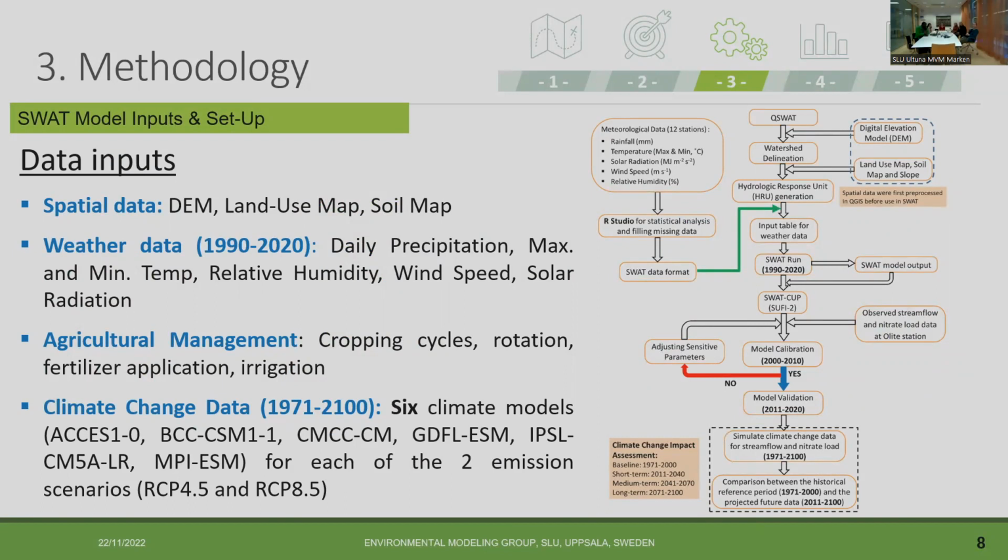The future projection I divided into 30-year periods: the short term from 2011 to 2040, the medium term from 2041 to 2070, and the long term projection from 2071 to 2100.